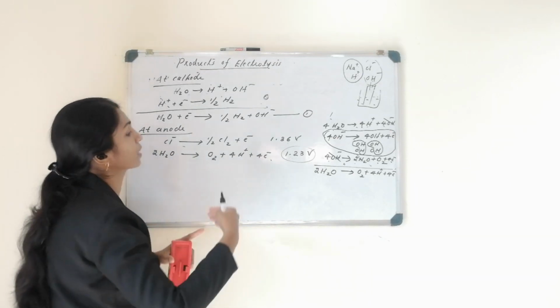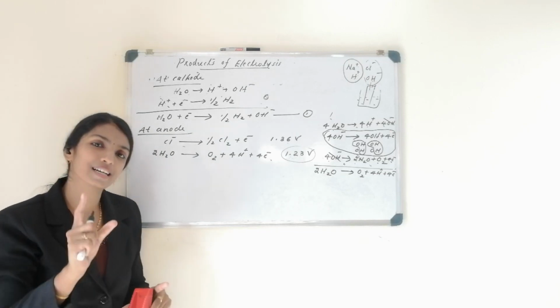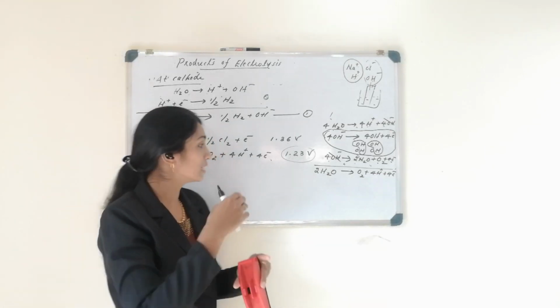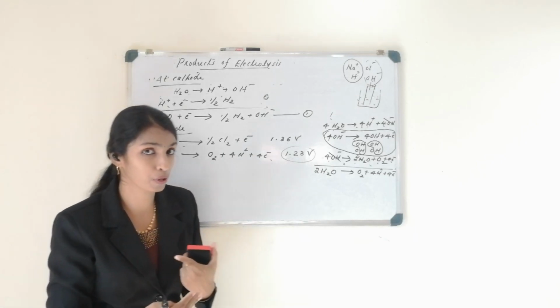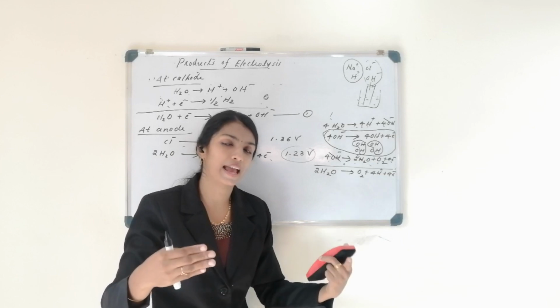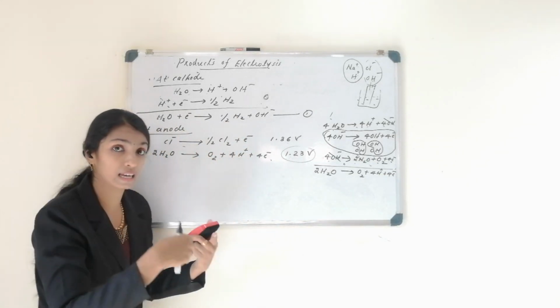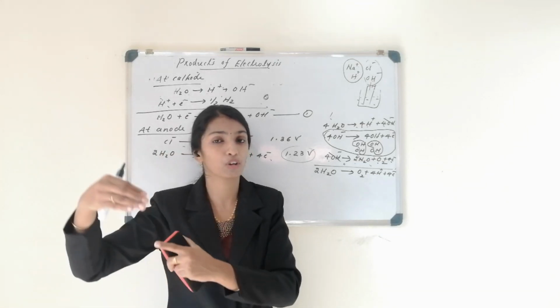So theoretically we can predict this reaction may occur at anode, but there is one problem. This reaction, although feasible, requires an overpotential. Do you remember what is overpotential? Some chemical reactions, although feasible, theoretically we can predict how much electricity has to be provided in order for a chemical reaction to take place.